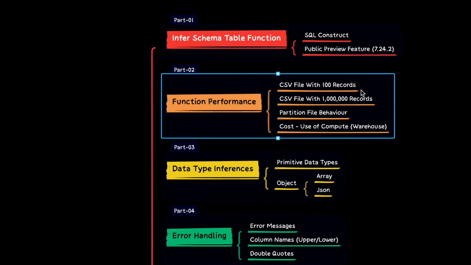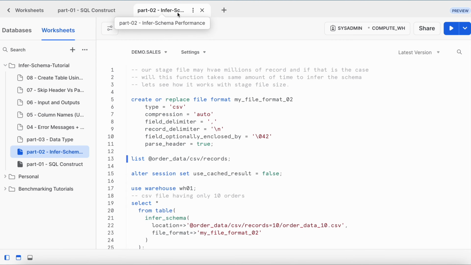We will use different file sizes and understand the performance of infer schema. Does it give the same performance for 10 records versus 1 million records? The second part of this video will showcase how this function performs with various file sizes. This is my second worksheet.